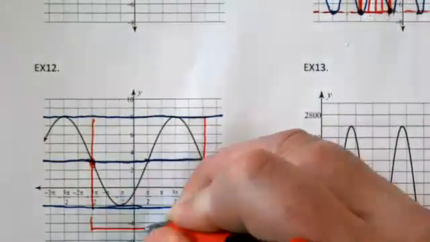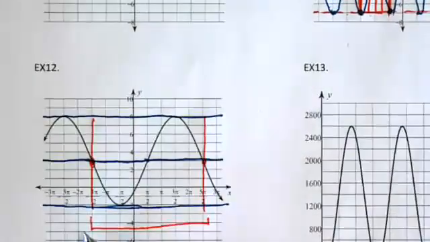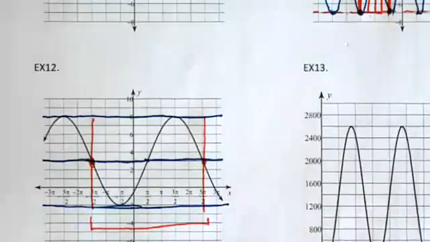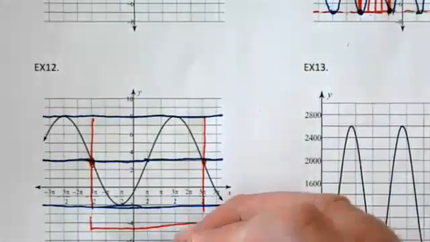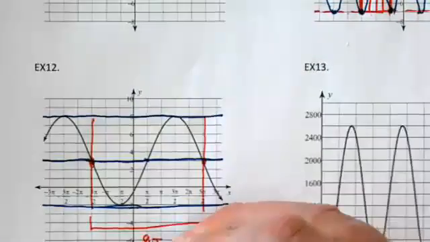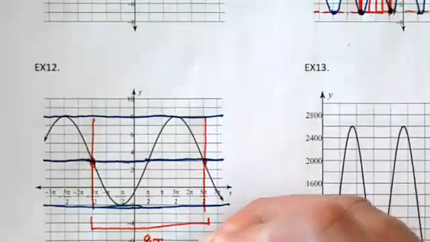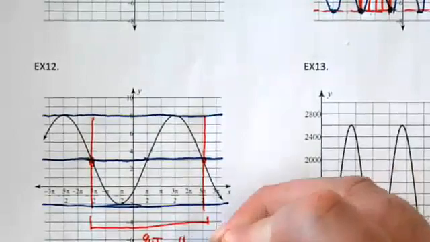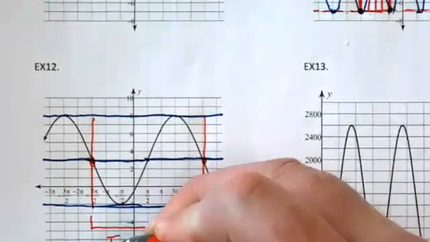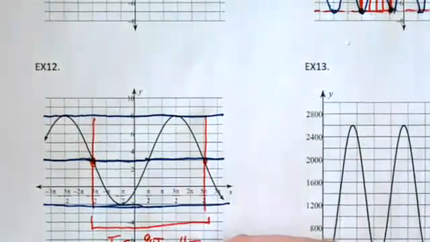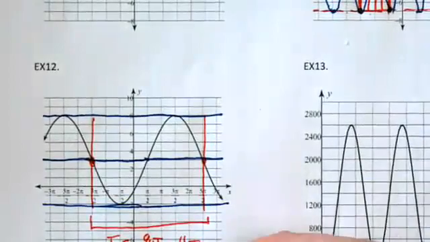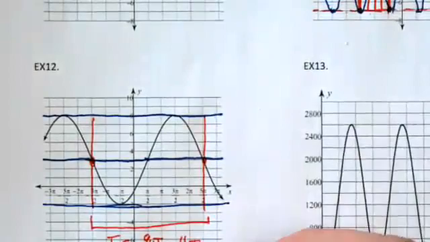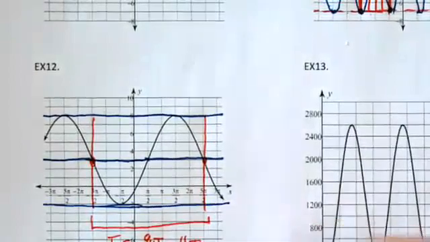All right, we need a period from this. It goes from negative 3 pi over 2 to positive 5 pi over 2. So from negative 3 pi over 2 to positive 5 pi over 2, that's 8 pi over 2, isn't it? Negative 3 and 5, which is 4 pi. All right, so the period's 4 pi. So then omega is going to be 2 pi over that, which is just a half.